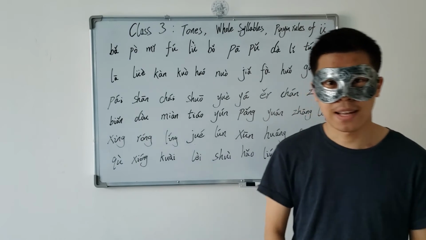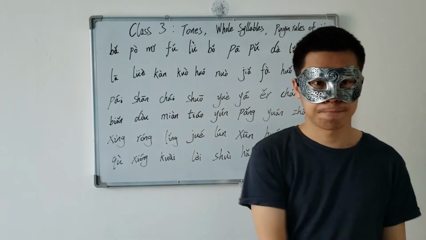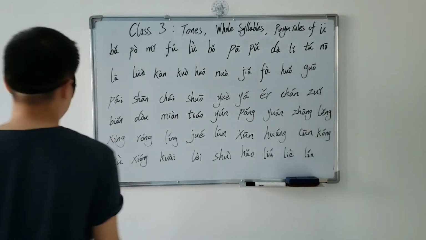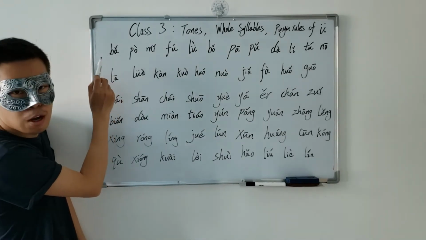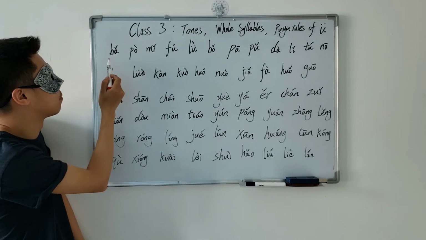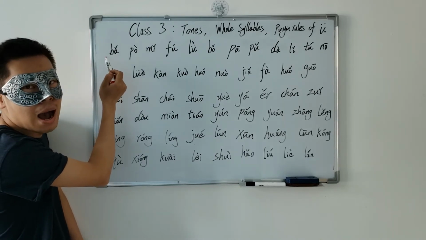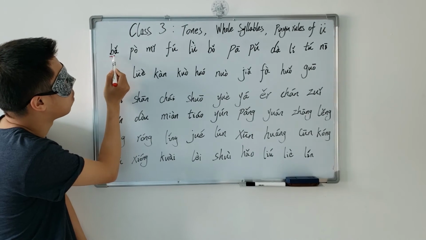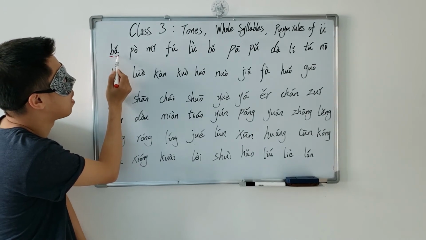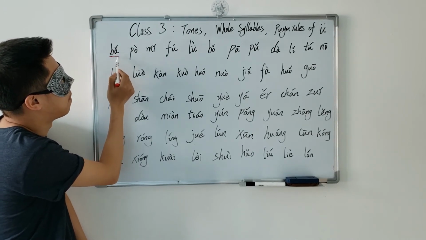Okay, let's practice the pinyin. So the first one, how do you pronounce it? It's ba. The initial is b, the final is a, the third tone.